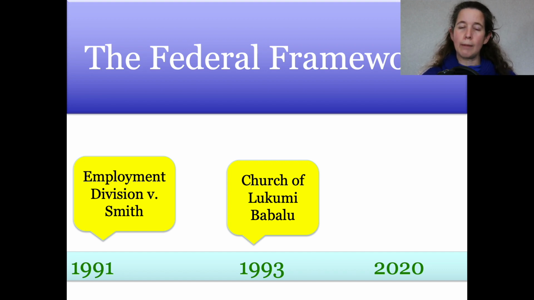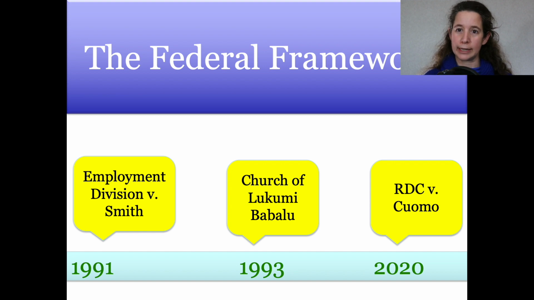There's also some judges that think that any exception triggers strict scrutiny, but that has not been a majority or universal approach. But in 2020, in a case addressing limits on church, the Supreme Court in Roman Catholic Diocese versus Cuomo said that a limit targeting churches specifically had to meet strict scrutiny.